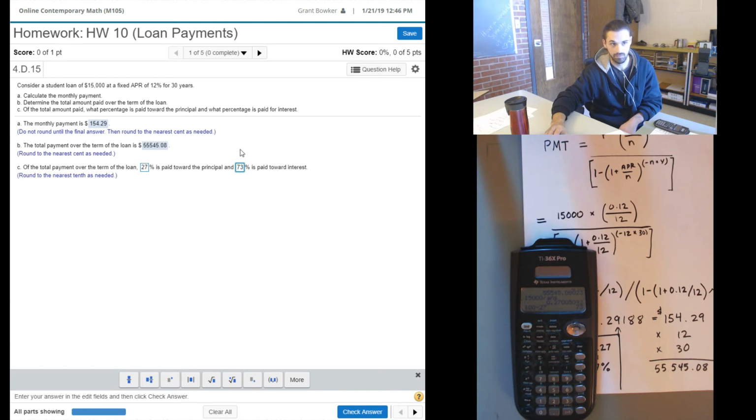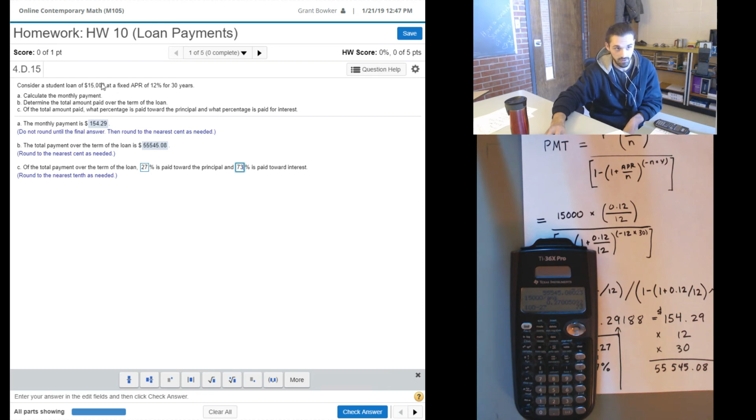Absolutely astonishing, and heartbreaking at the same time for a lot of reasons. 30 years, 12% interest, a principal of 15,000, you end up paying over $55,000 back on only 15,000.